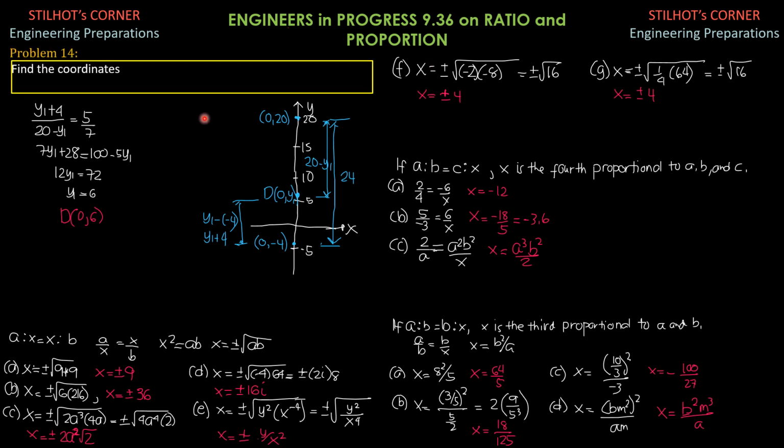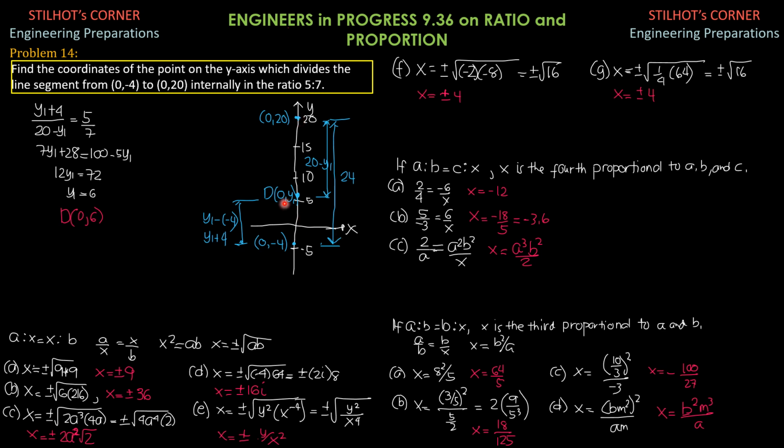So problem 14, find the coordinates of the point on the y-axis which divides the line segment from (0, -4), which is here, to (0, 20) internally in the ratio 5 as to 7. So this point D, point of division D, from this lower point to D to the upper point, the ratio is 5 over 7.